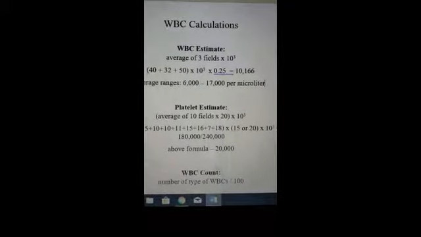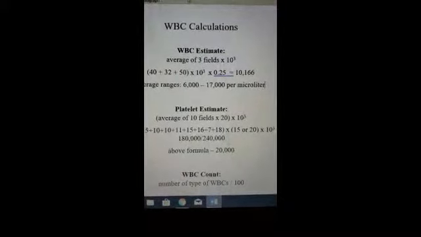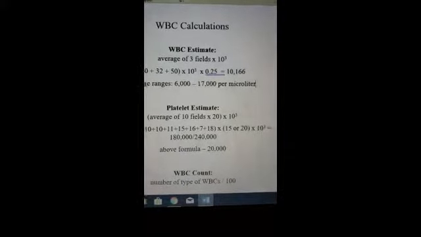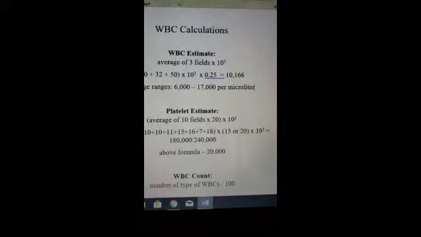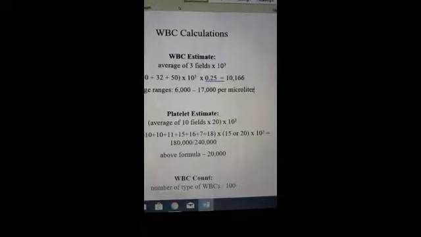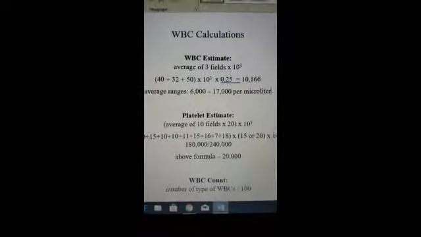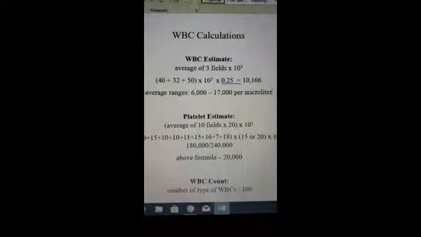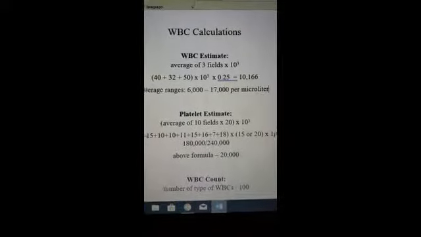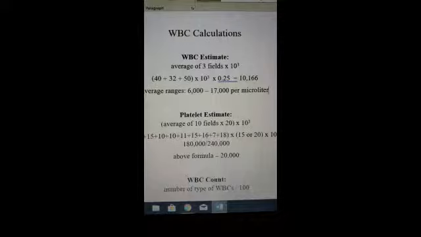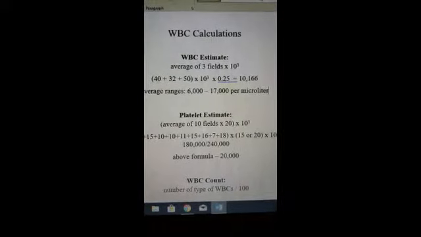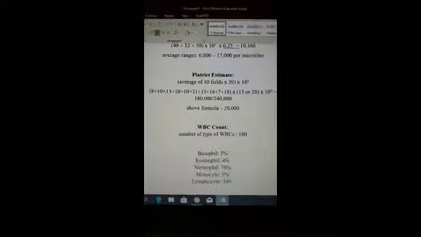And then we multiply that by 0.25. So we got 10,166. Our average ranges are 6,000 to 17,000 per microliter. So for our white blood cells, we were in our normal range there.